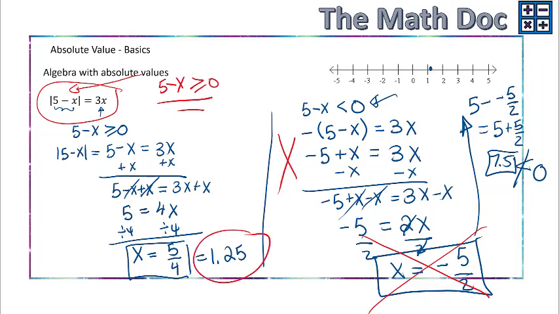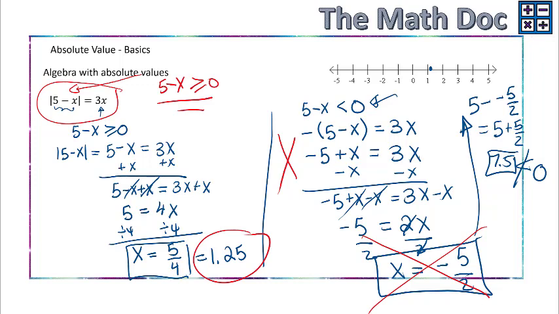So this is actually a really good example where we've learned a few things. First of all, what do we do when we have our variable both inside and outside the absolute value? We always have to be careful with the absolute value. The first thing we have to do is separate out the two cases of a negative content of the absolute value and a positive content.